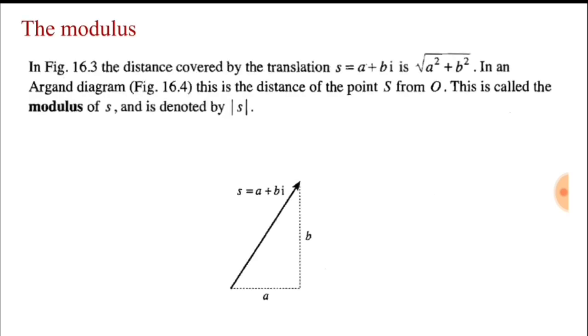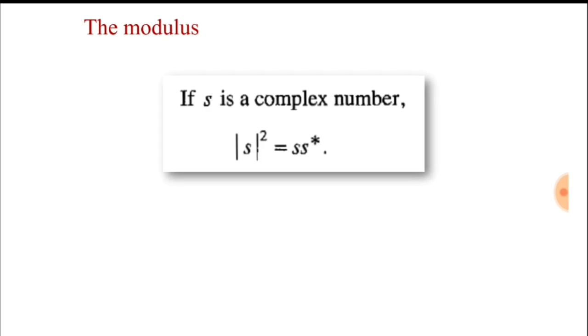In the figure shown, the distance covered by the translation s equal to a plus bi is square root of a square plus b square. In an Argand diagram, this is the distance of the point s from O. This is called the modulus of s, and it is denoted by modulus of s. If s is a complex number, modulus of s square is equal to s times s star.